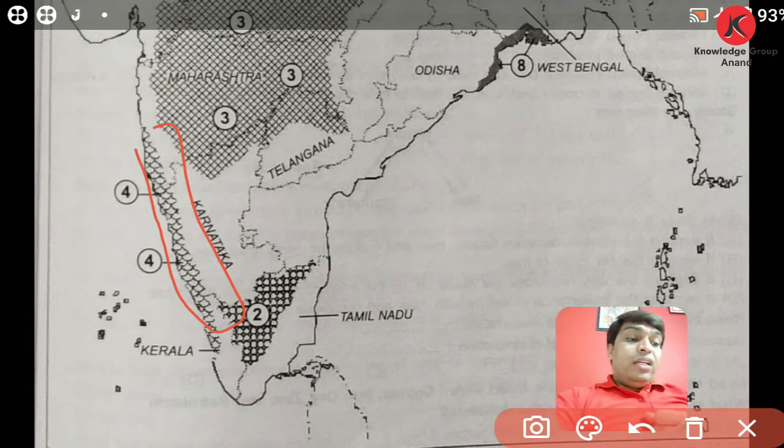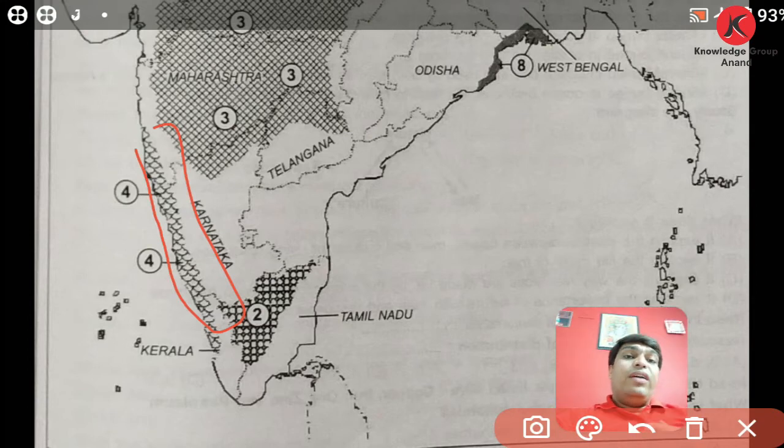Friends, this soil is formed due to the change in dry and moist climate and due to the leaching of silica. Friends, the soil is mostly found in the higher area of peninsular plateau in states like Tamil Nadu, Andhra Pradesh, Odisha, etc. Red soil is less fertile, friends.